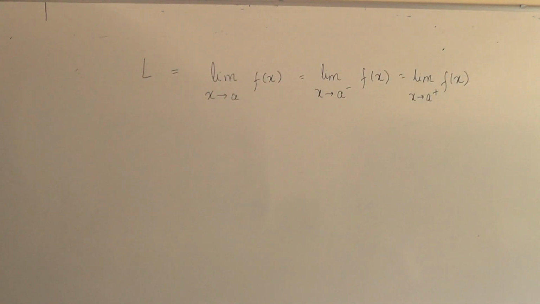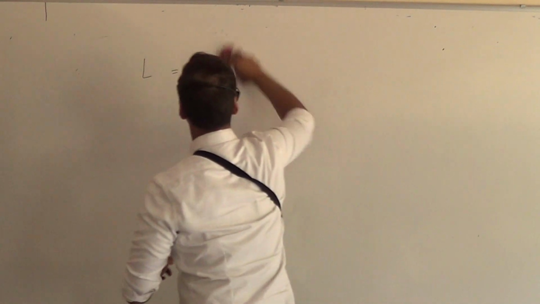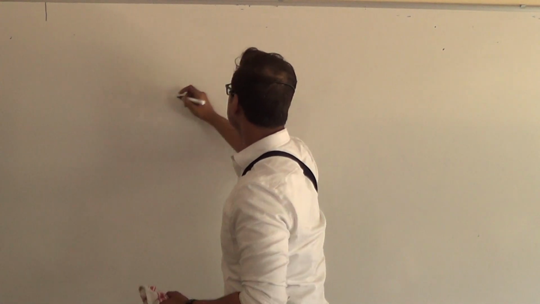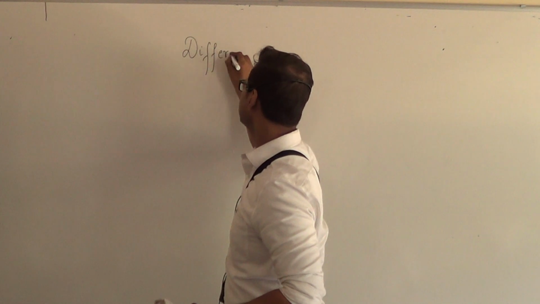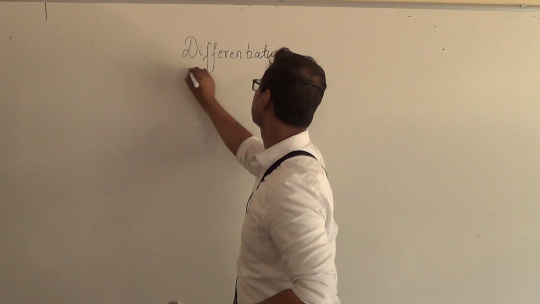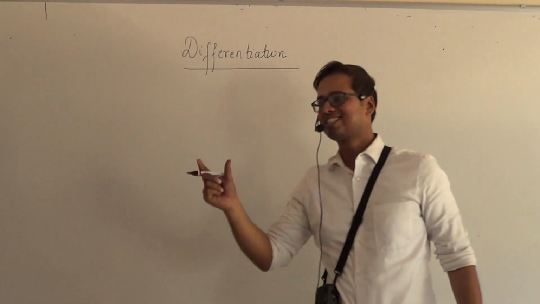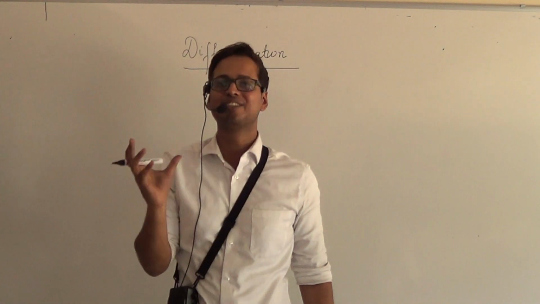So today we are going to learn a very important process in maths called the process of differentiation of functions. Okay. Now differentiation is a process out of which we get an answer which is called the derivative.